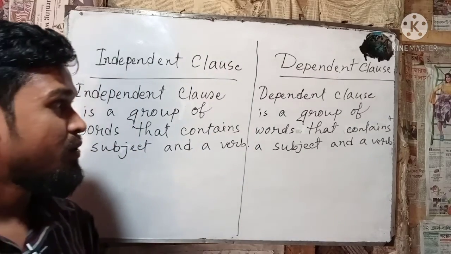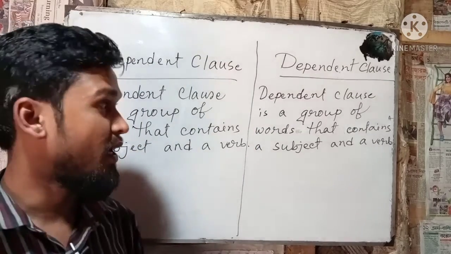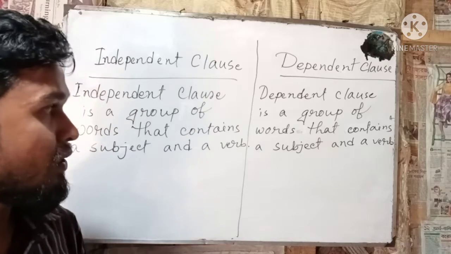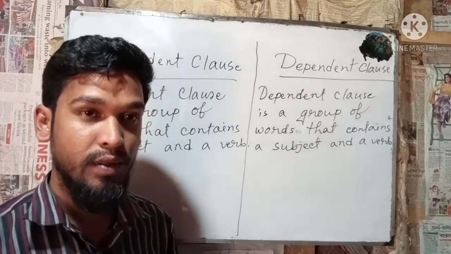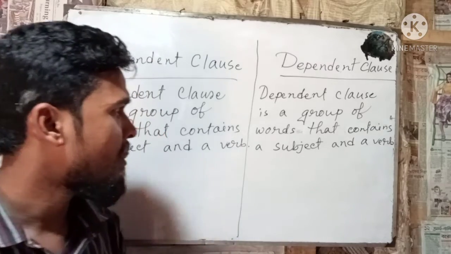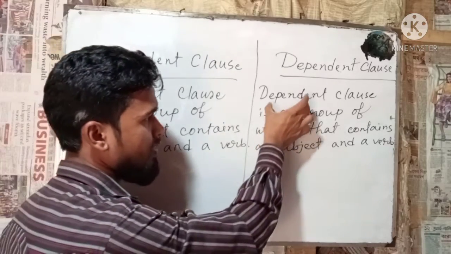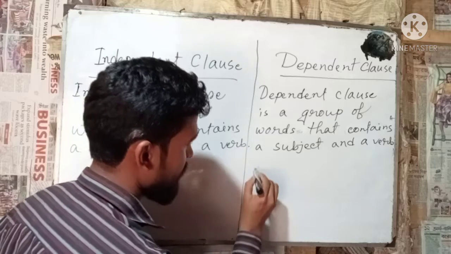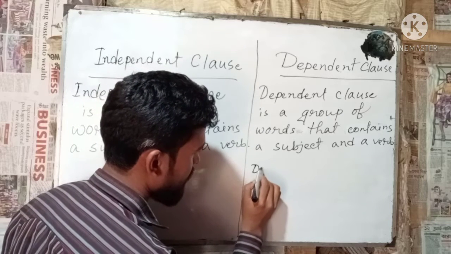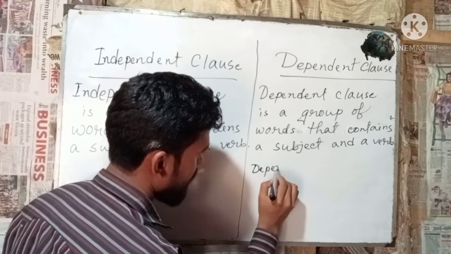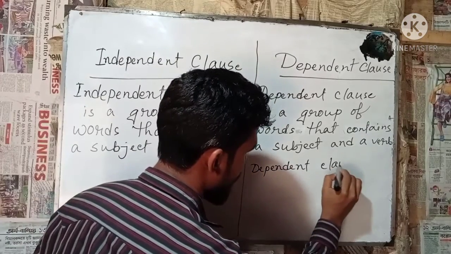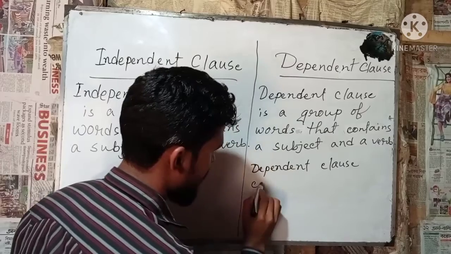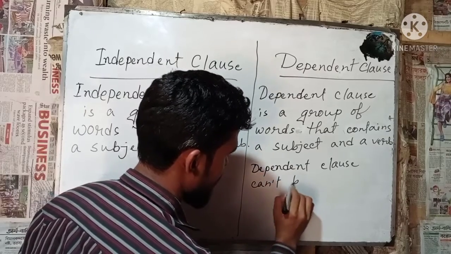Actually, the two definitions are the same here. A dependent clause is a group of words that contains a subject and a verb. So what's the difference? Yes, a dependent clause can't be a sentence.